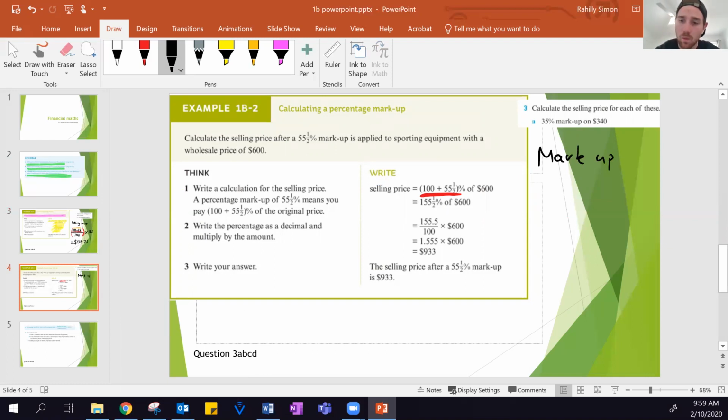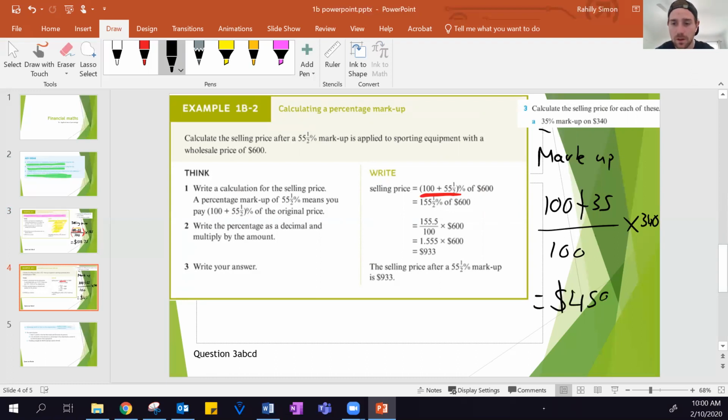Markup is 100 because that's the original percentage, plus the 35% markup, which is here, 35. Divide that by 100 again, and times by the amount, 340. Okay, which gives us 459.